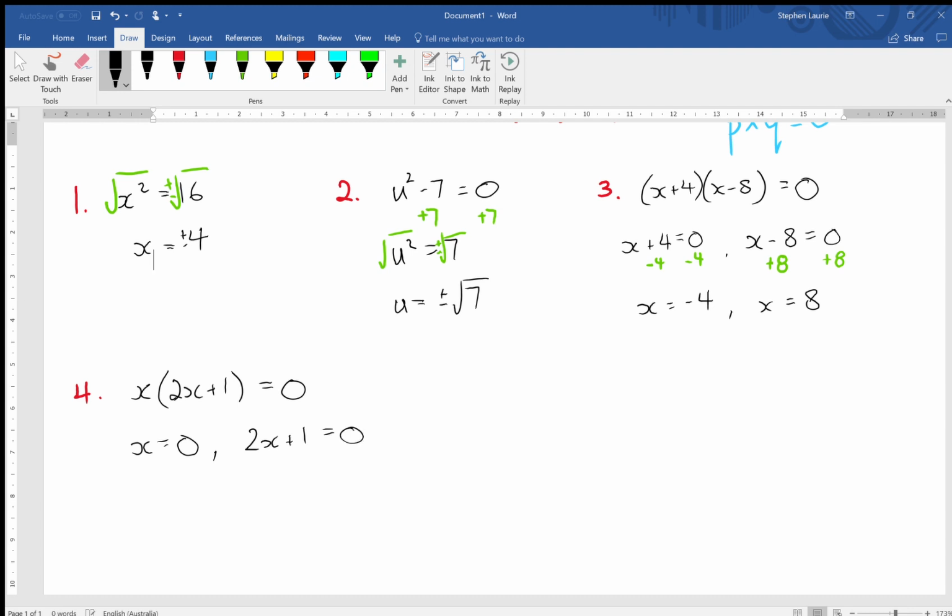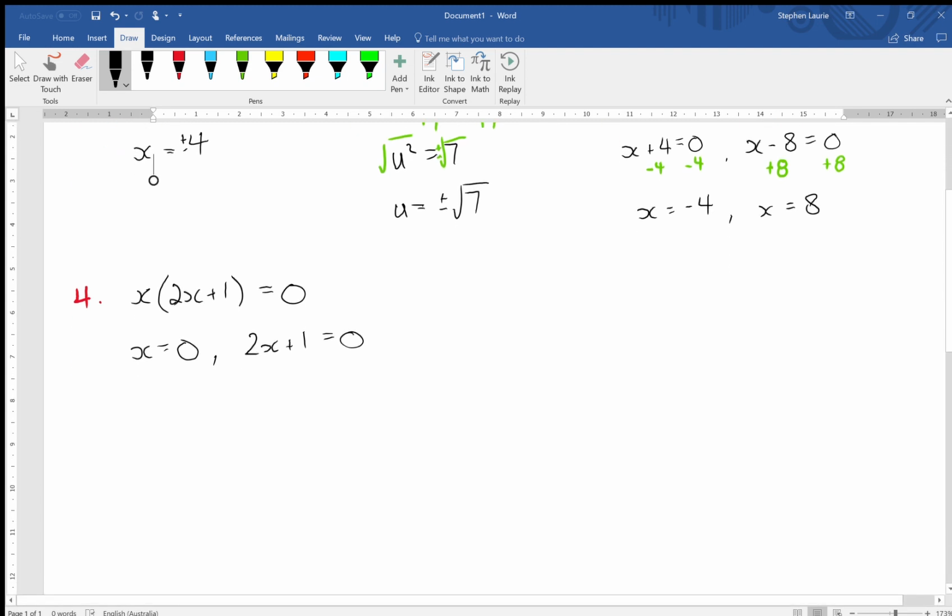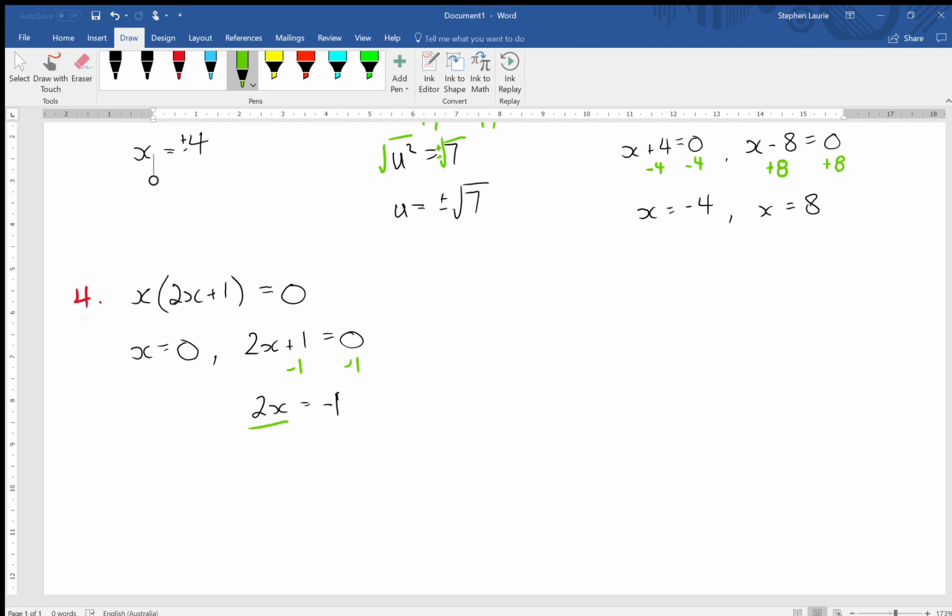Now x equals 0, we don't have to do anything more with that, but the 2x plus 1 equals 0, we've got a two-step equation to solve. Minus 1 from both sides, and then the opposite of times by 2 is to divide by 2. And there we go, our two answers are 0 and negative 1/2.